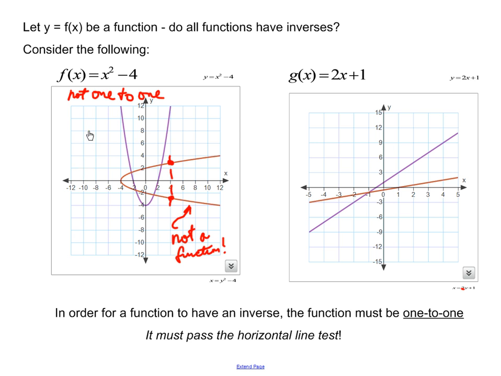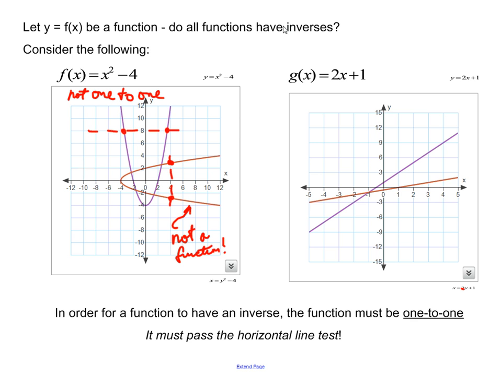If we were to try and draw a horizontal line through it, that horizontal line passes through the graph in more than one point. In order to be one-to-one, each value of x must be assigned to exactly one value of y, and each value of y must be assigned to no more than one value of x.